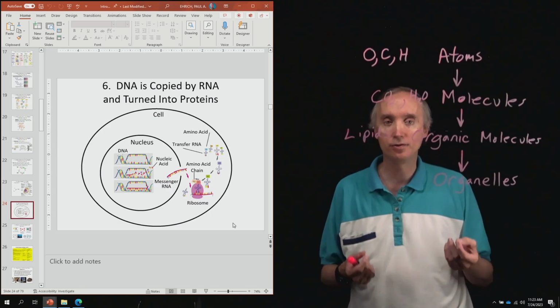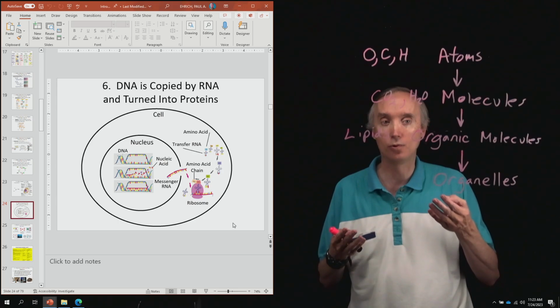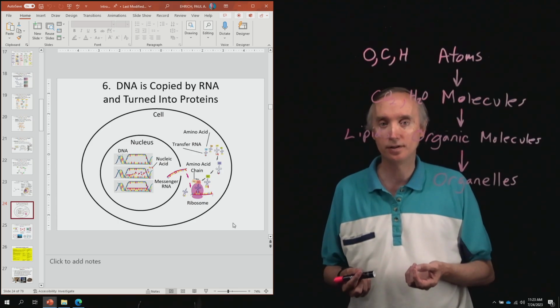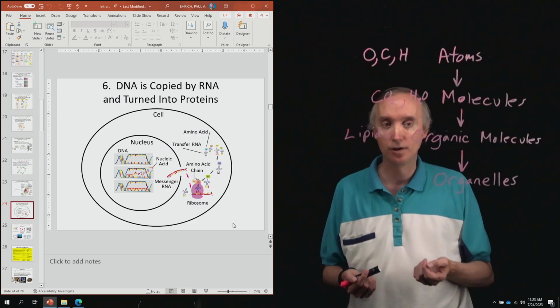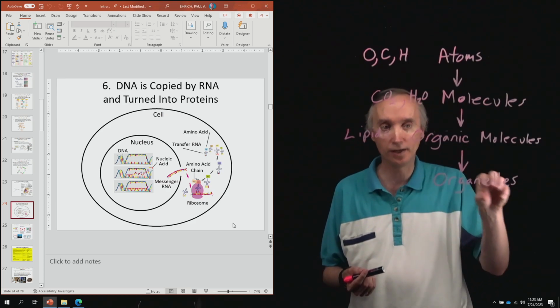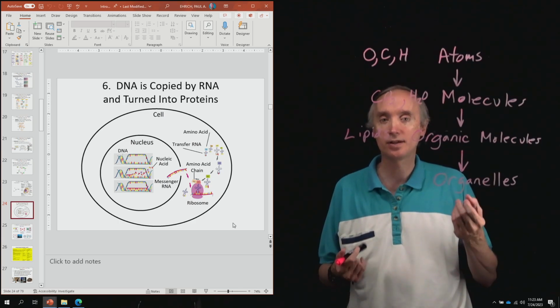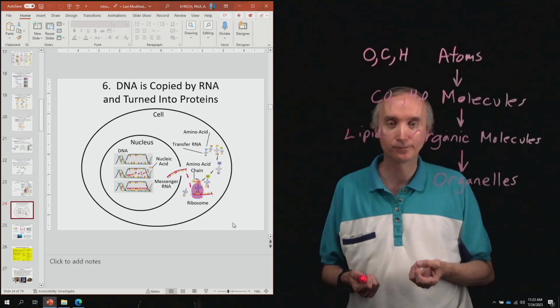Inside your cell, you have an organelle called the nucleus. Inside the nucleus is going to be the DNA, which is going to be a string of nucleic acids, which has all of the instructions that tells your body how to operate.